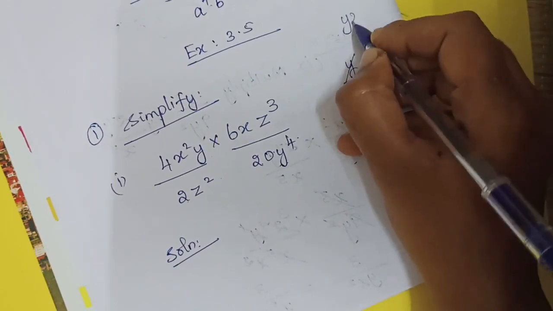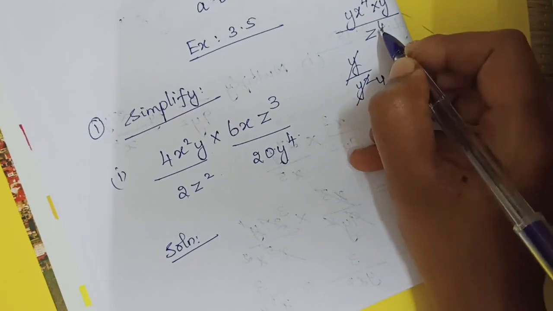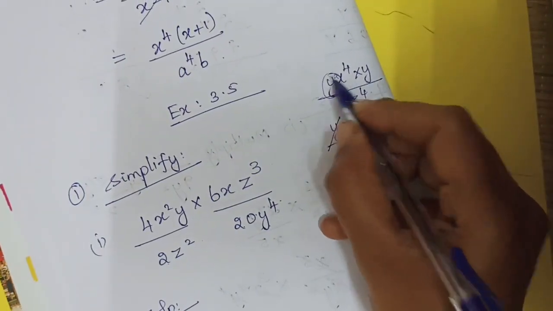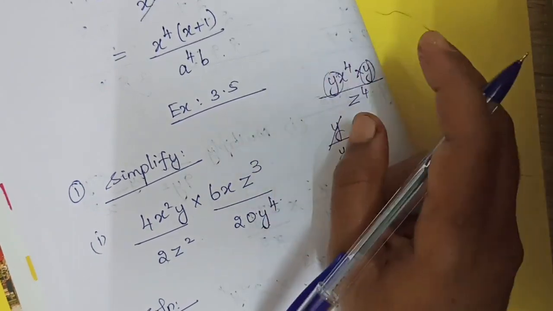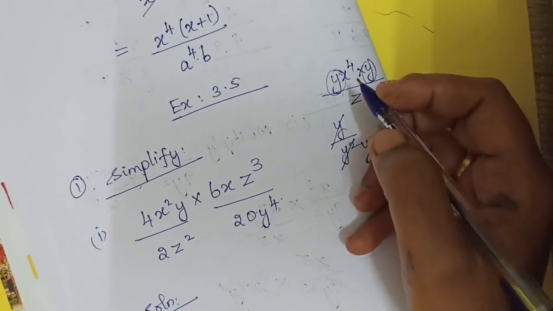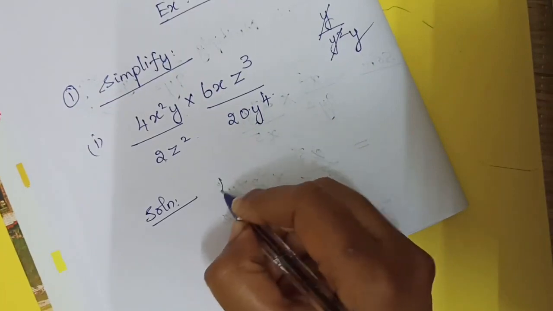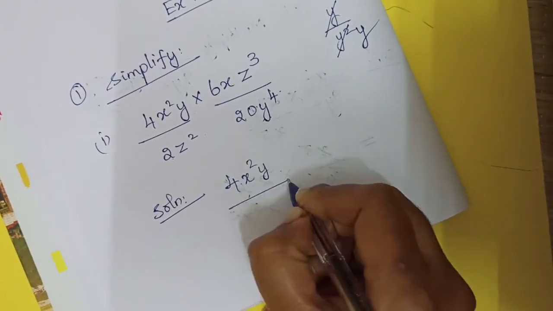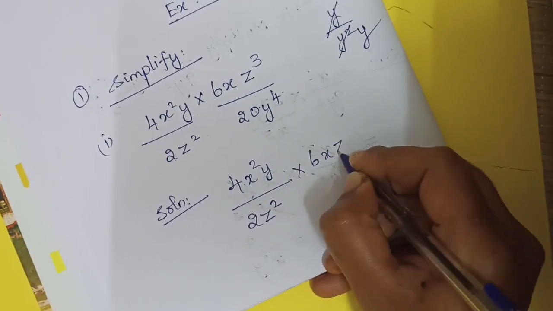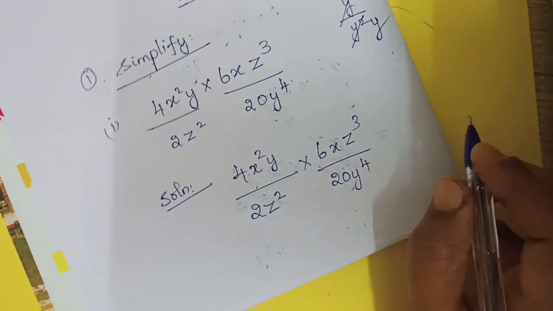Suppose y x power 4 into y by z power 4, we should not cancel this, since both y are in the numerator. One should be in the numerator and the other in the denominator. In that way we can cancel. Okay, listen. 4x square y divided by 2z square into 6xz cube divided by 20y power 4.